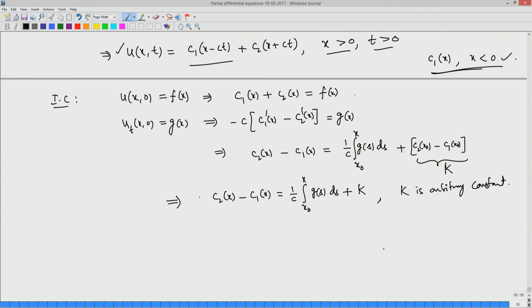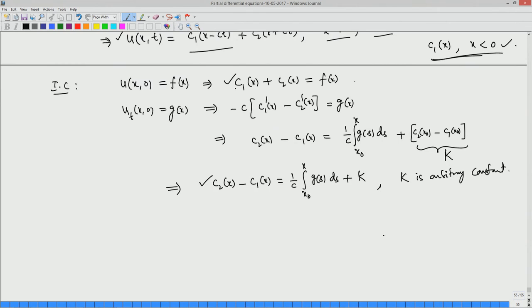So now considering these two equations, you can add and subtract. If you add, you will get c2(x) equal to 1 by 2 f(x) plus 1 by 2c times the integral from x naught to x of g(s) ds plus k by 2.